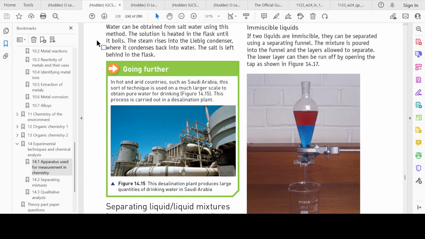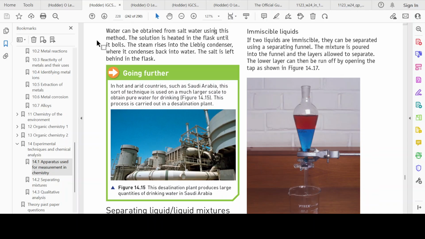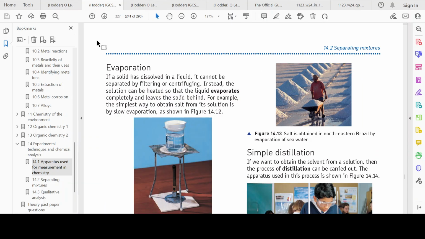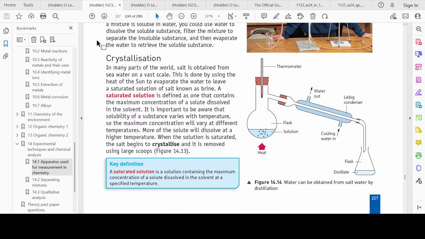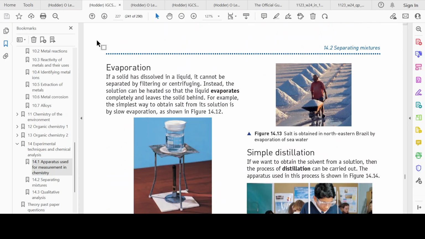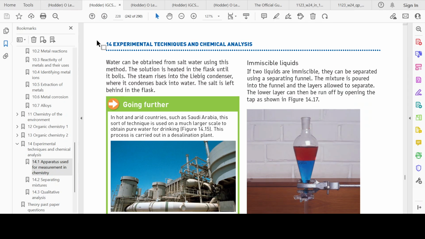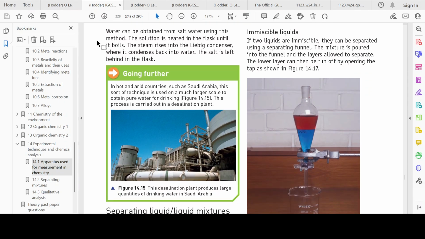If it was the salt that we wanted, we would have used crystallization and evaporation. So we need to be careful as to which technique we want to use. Well, crystallization will happen eventually with evaporation, but it depends on what we are trying to achieve.